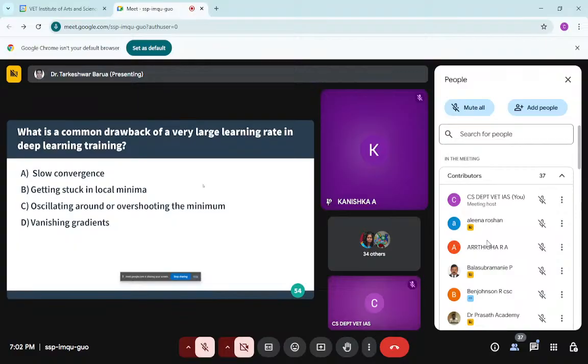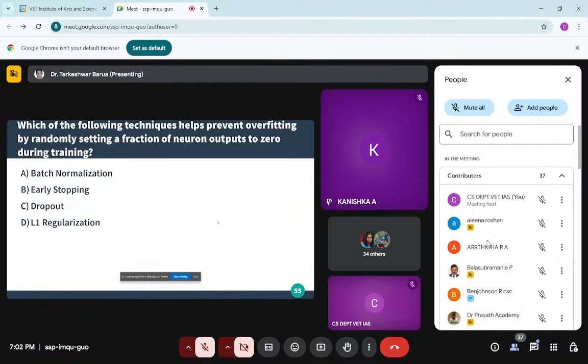What is the common drawback of a very large learning rate? The oscillation and overshooting the minimum. This is a problem when we go with a large learning rate. Which of the following techniques helps to prevent overfitting by randomly setting a fraction of neuron outputs to zero during training? Obviously dropout, correct?